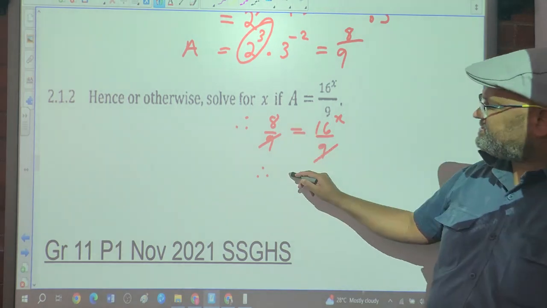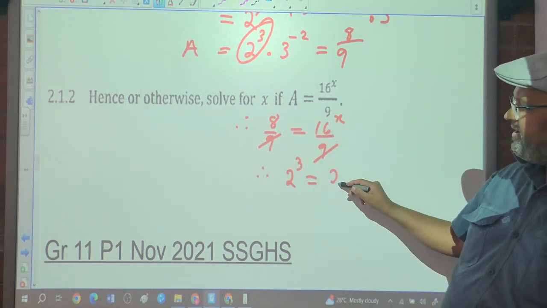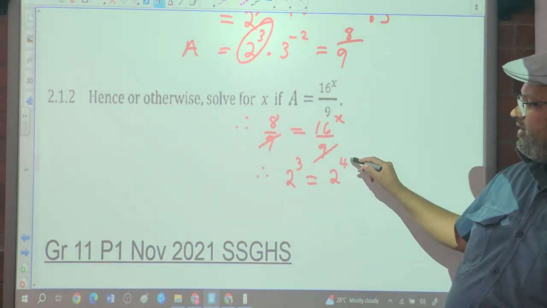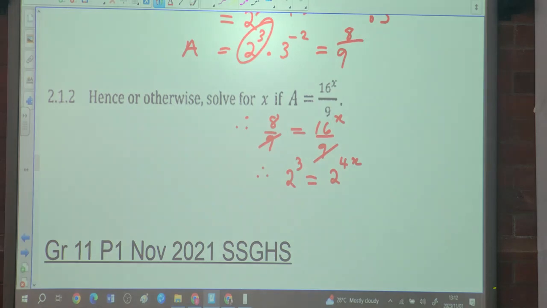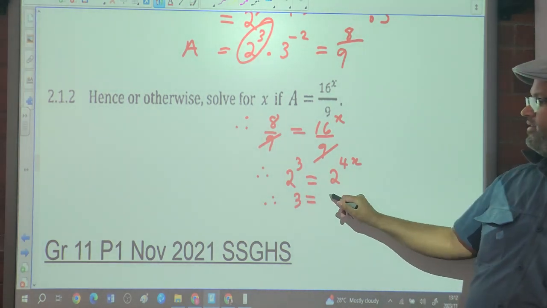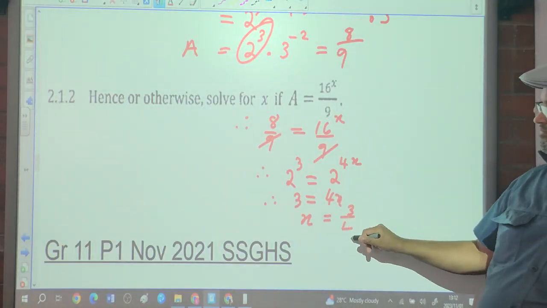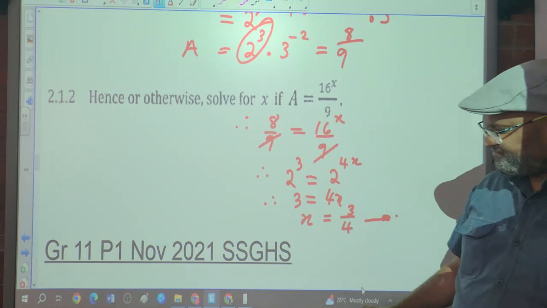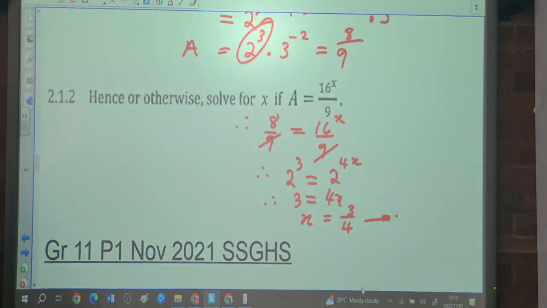But 8 can be written as 2 cubed. 16 can be written as 2 to the 4 raised to the x, which is 4x. Okay? So therefore 3 is equal to 4x. So x is equal to 3 over 4. Any confusion there?